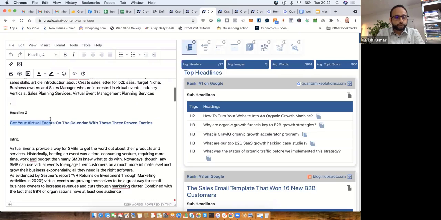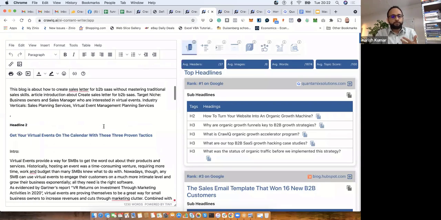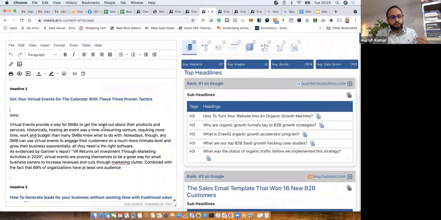But since we are taking the information from market research, you see, get your virtual events on the calendar with these three proven tactics. It came from the background, where we are pulling information from our market research, and I wanted to deliberately show you that all the information in the beginning is connected somehow.